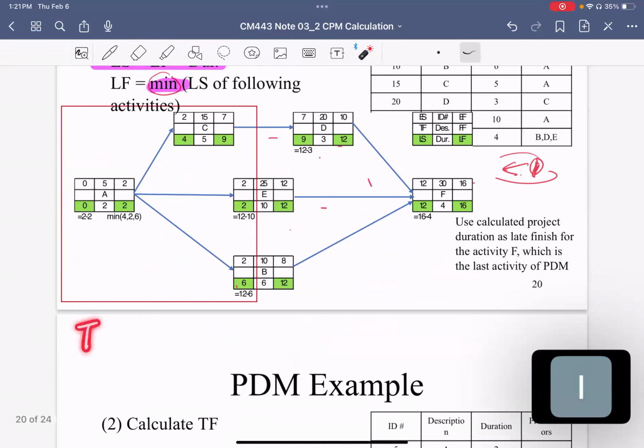The TF, total float, is what affects your whole project, right? The total float is what does not impact the whole project. And the free float is what?